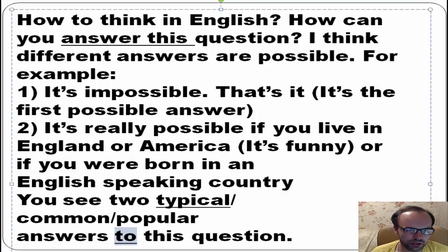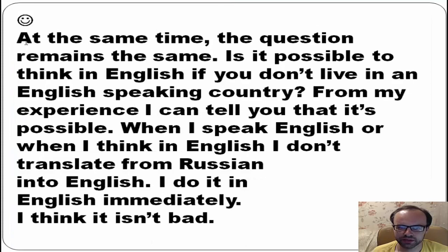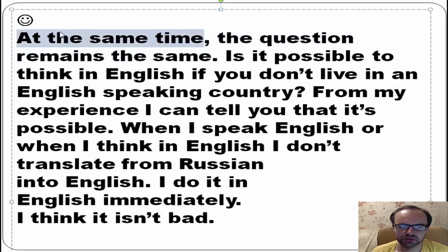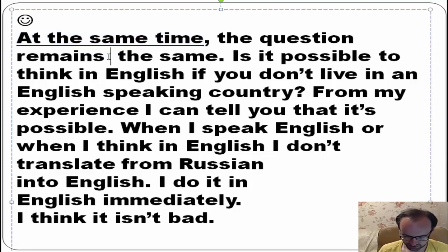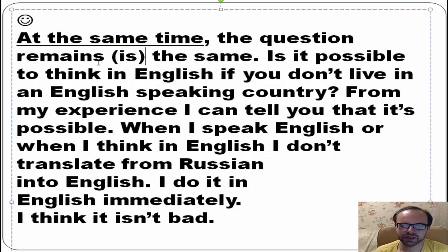The question is at the same time a good phrase for speaking, and you can use it in your English speaking practice. At the same time, the question remains the same. Remains means the question is the same. We haven't answered it yet.